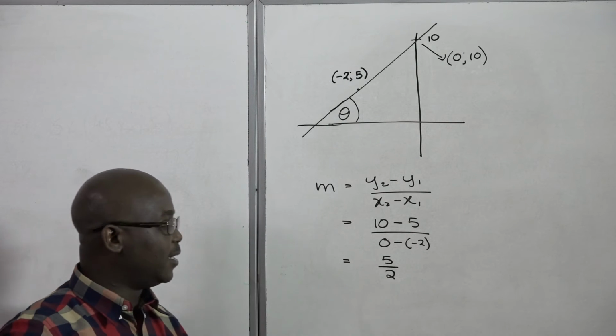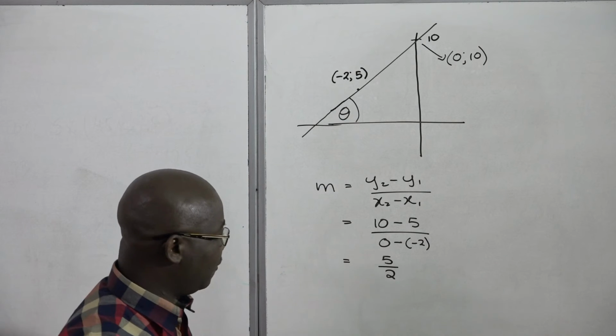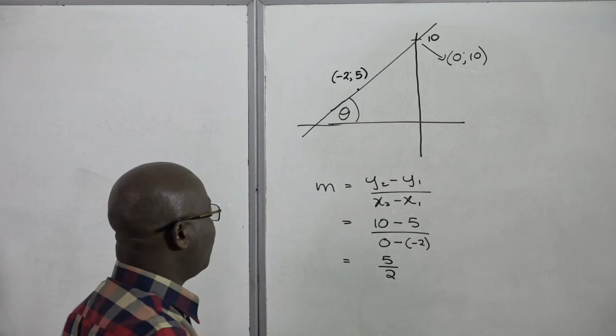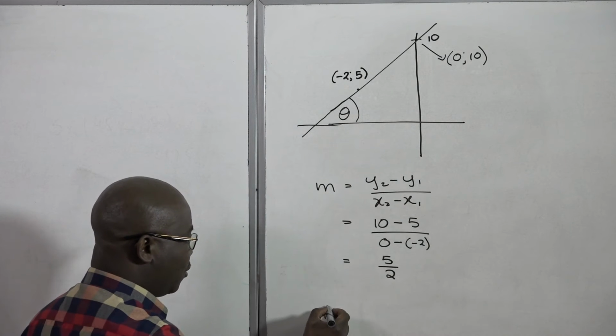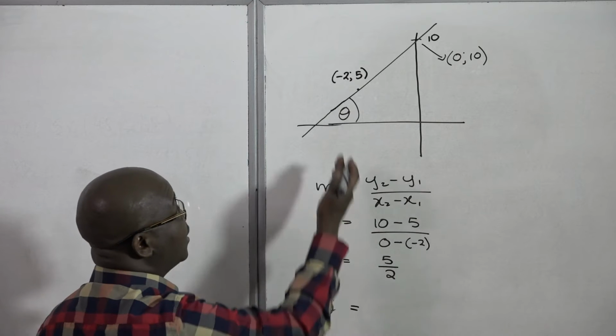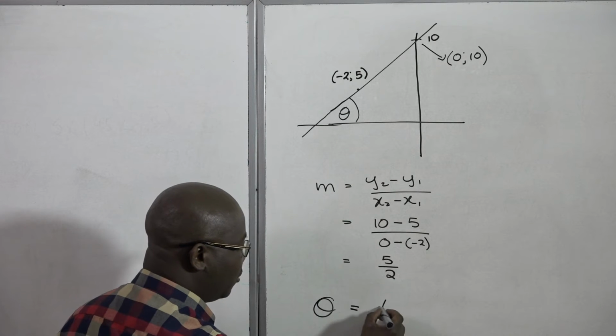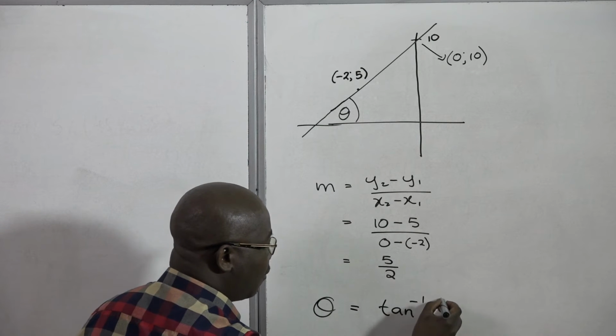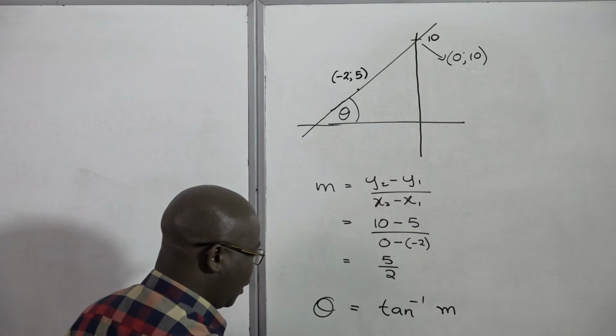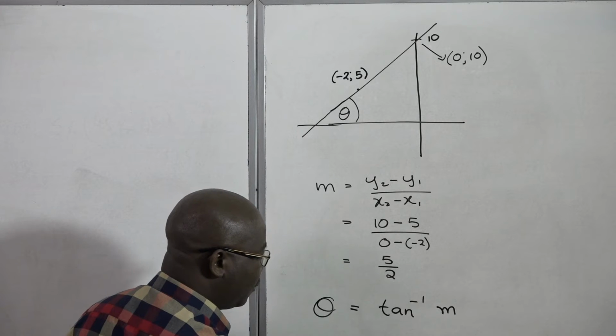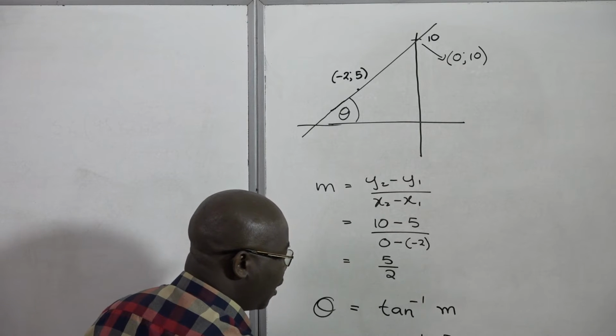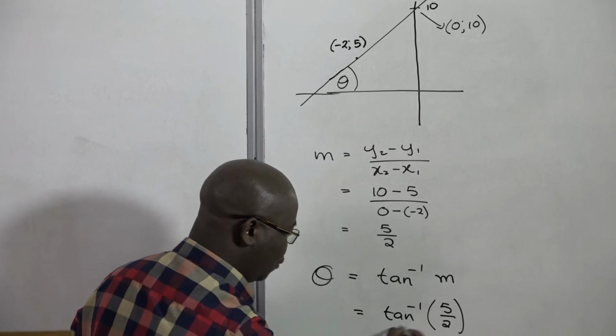You don't necessarily need to change it to a decimal. You can leave it like that. And then we need to find theta. So we said theta, and you can see that this is an acute angle, so it becomes the arctan of m. And what is our m? Our m is 5 over 2.